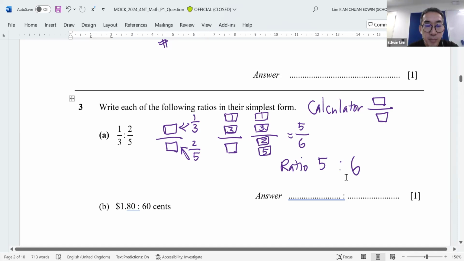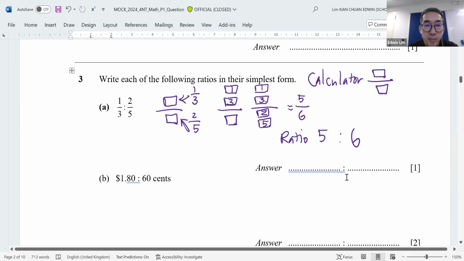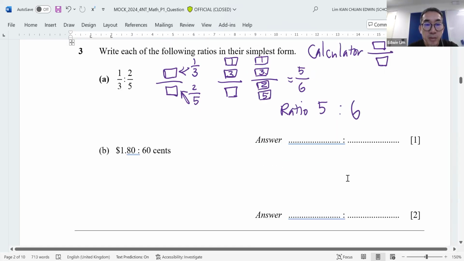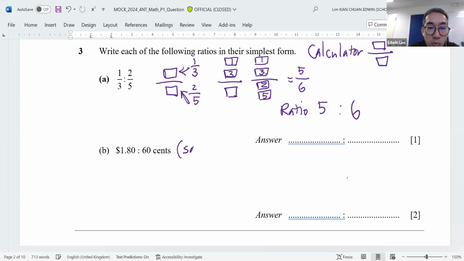Second part, $1.80 and 60 cents. First thing you have to do, same unit first. Change everything to become cents or change everything to become dollar first. In my scenario, I change everything to become cents. $1.80 is 180 cents is to 60 cents.